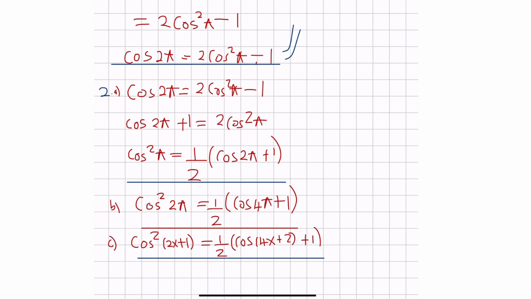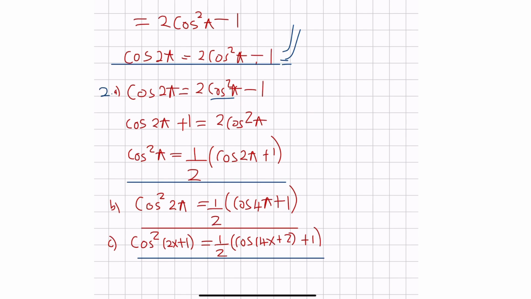We can also choose to make cos squared A the subject of the formula. How do we go about doing that? Remember, we've got cos 2A is equal to 2 cos squared A minus 1. If we're going to make cos squared A the subject of the formula, we're going to leave it on its own side.